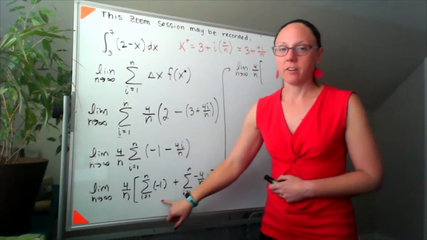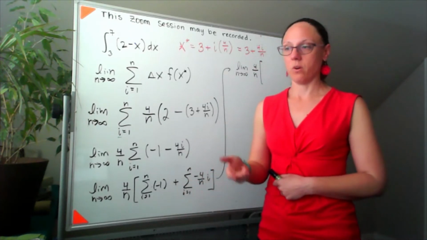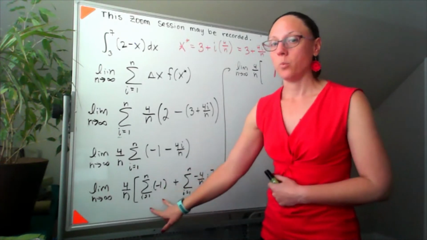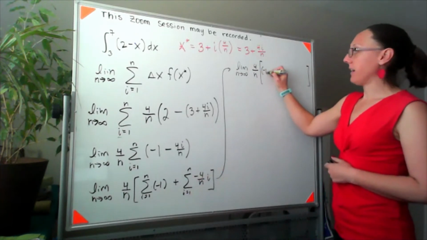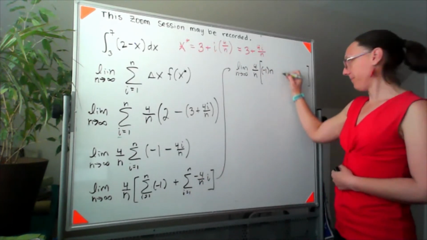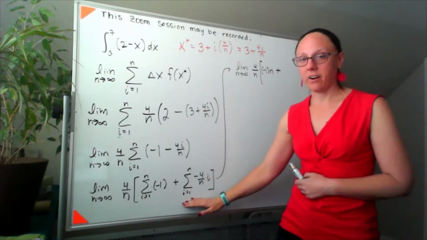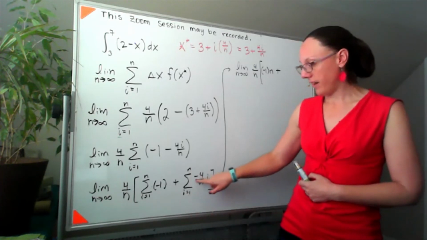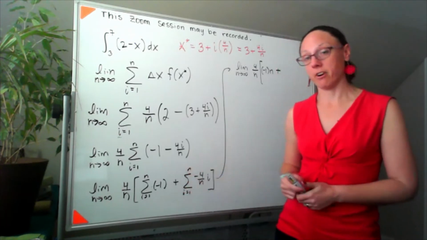This one right here says if I were writing that out, that's negative 1 plus negative 1 plus negative 1 plus negative 1 plus negative 1, n times, which makes this summation negative 1 times n. This part right here, with respect to my indexing variable i, the negative 4 over n is a constant and would come out in front of that summation.